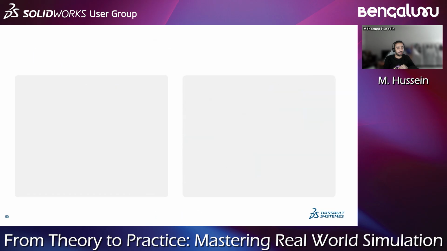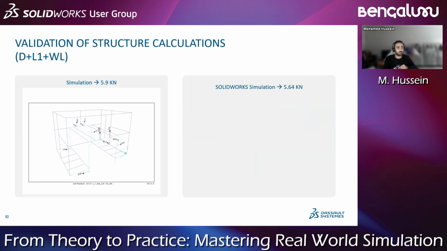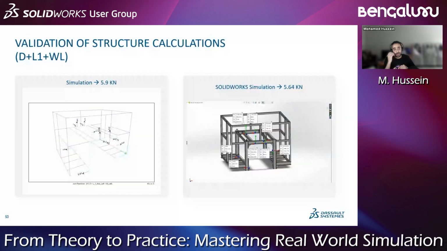We checked this again, but this time for the maximum reaction that would act on our fixation points, and these fixation points here are assumed for the wheels. So we check this, and we have around 5.6 kilonewtons.